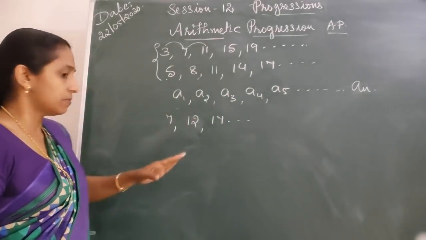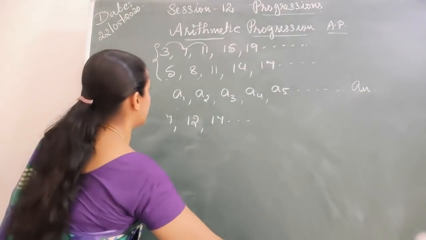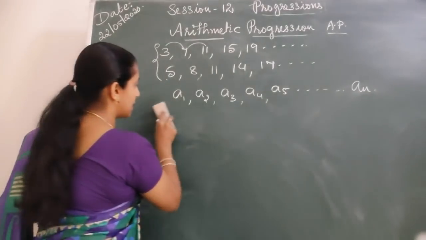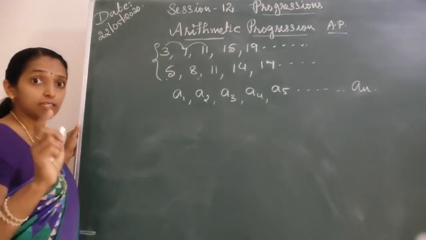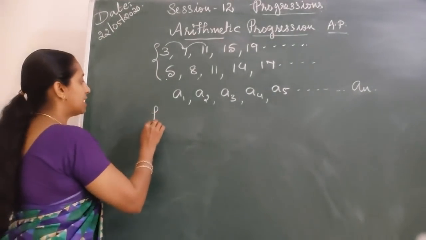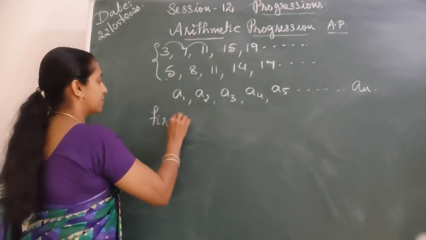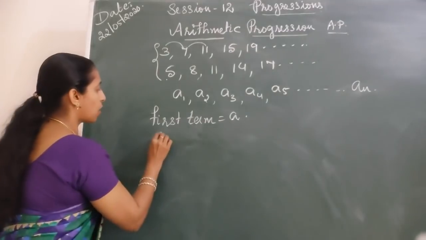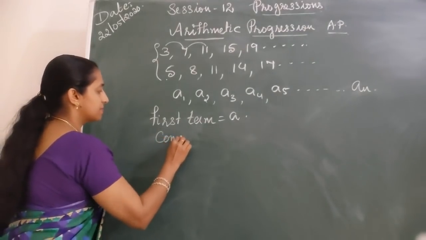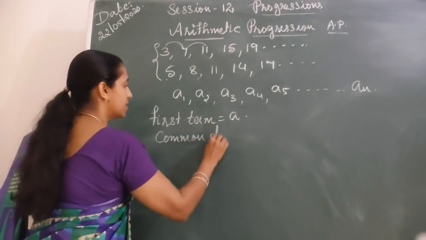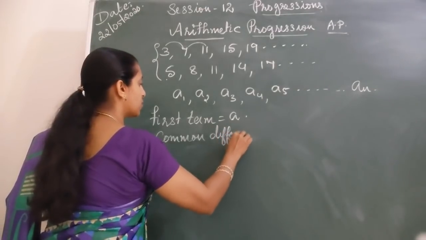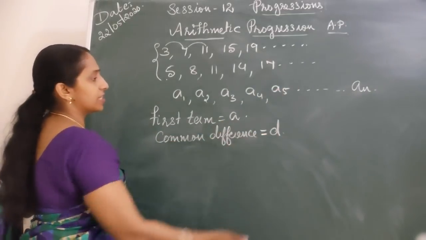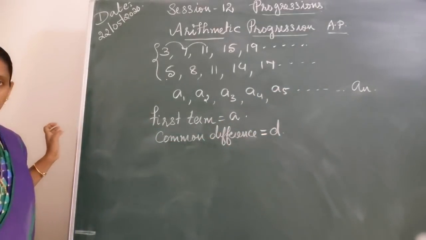Okay. So in general, we will take the first term of the AP and denote it as A. The common difference of the AP is denoted by the letter D. And the nth term of the AP is denoted by An.